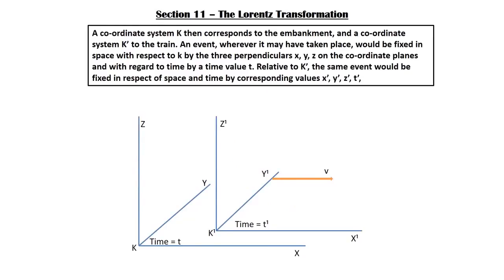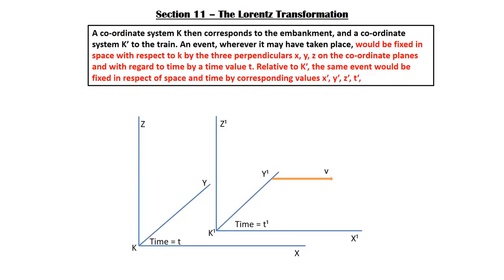Einstein sets the scene by explaining his use of coordinate systems. He says that coordinate system K corresponds to the embankment, and coordinate system K1 corresponds to the train. He further explains that any event would be fixed in space with respect to the K coordinate system by the three perpendiculars x, y, z, and by a time value t.